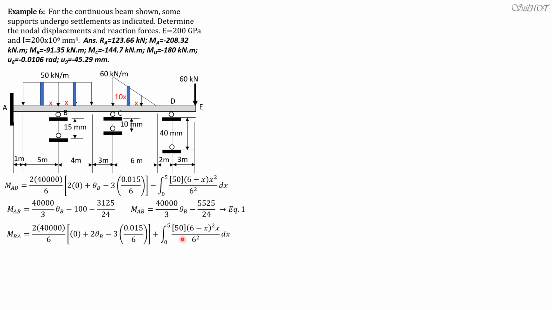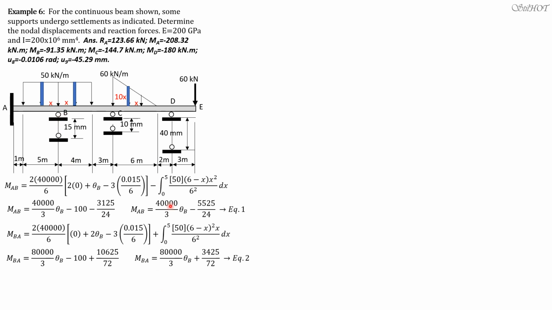So it's now plus because B is on the right. So simplifying, moment BA is 80,000 over 3 theta B minus 100, then plus the value of the integral, 10,625 over 72. Simplifying, MBA is 80,000 over 3 theta B plus 3425 over 72, equation 2.